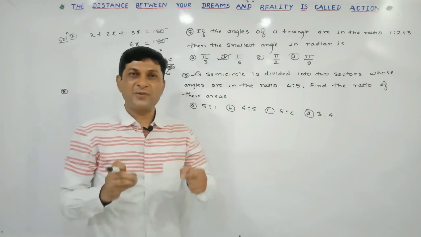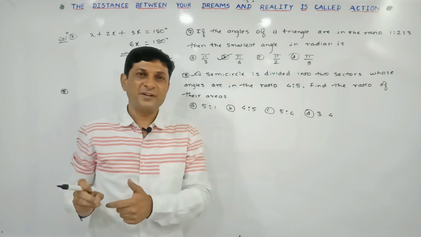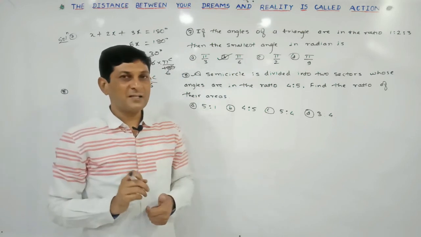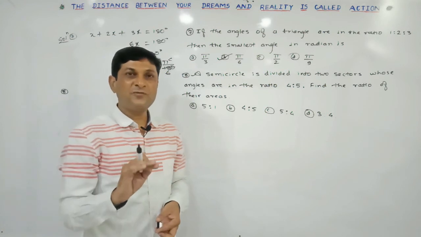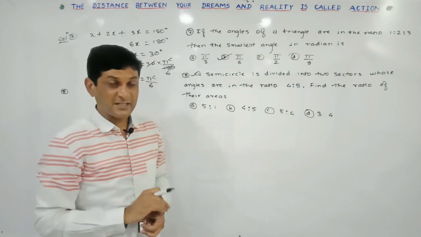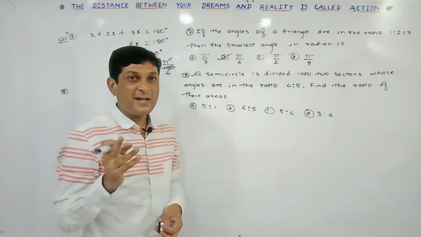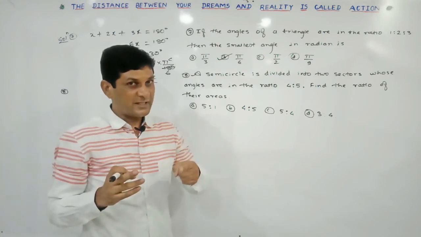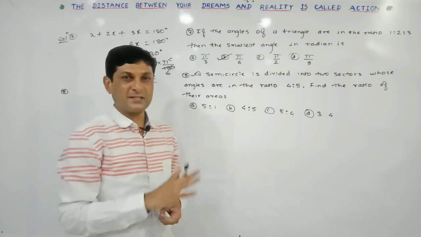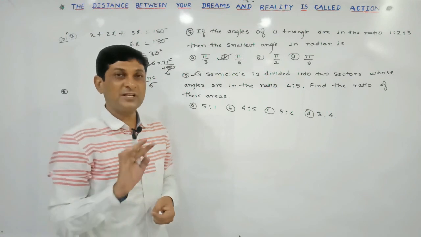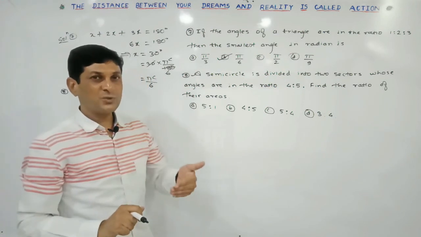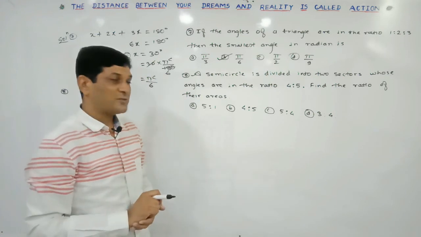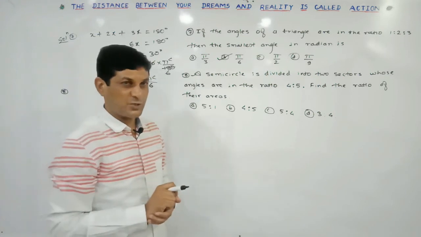This is one of the very important results which we have studied in our earlier classes also, and we used this result when we proved the formula of the area of a sector, isn't it? What result? Which two values are in proportion? The area of a sector and its corresponding angle are always in proportion, meaning the ratios are equal. That's why we can say that these values are in proportion.